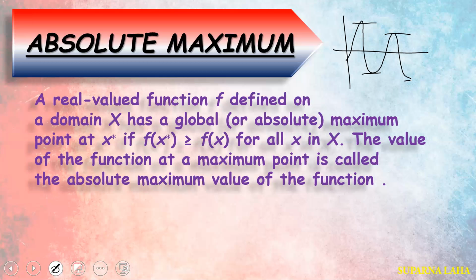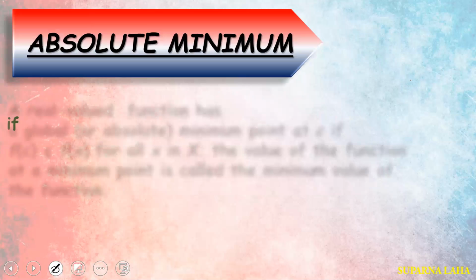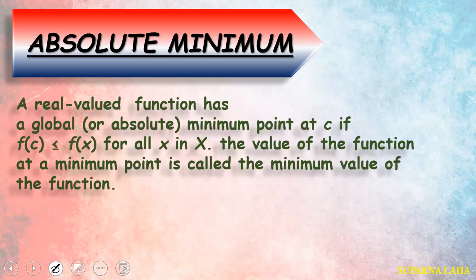Now, what is absolute minimum value? We define it the same way as the absolute maximum. Among all the minimum values in a certain interval, the lowest minimum value is the absolute minimum.